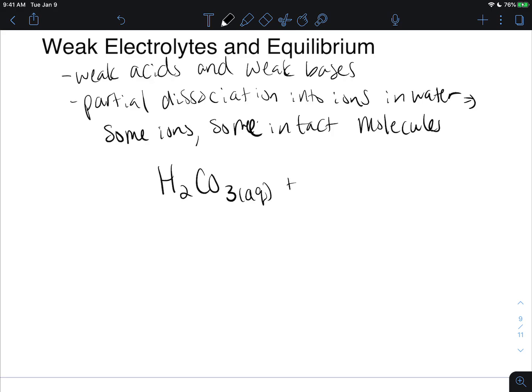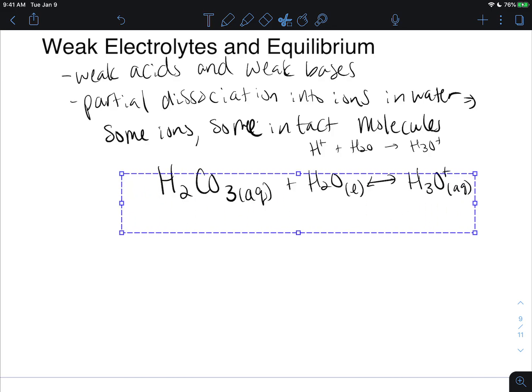When we put it in water, we break this down into ions. We produce an H plus ion that's going to attach to water. So H plus H2O will go to H3O plus. So it's going to produce our hydronium ions.